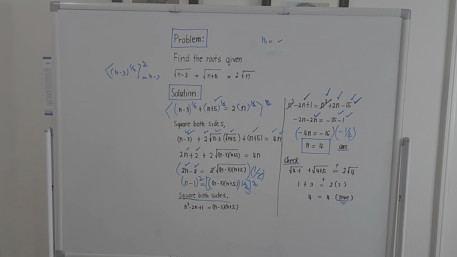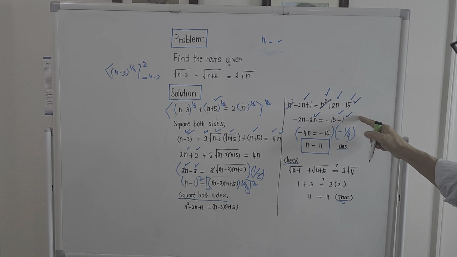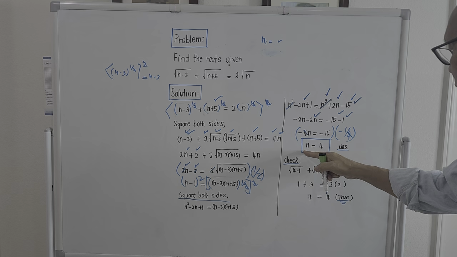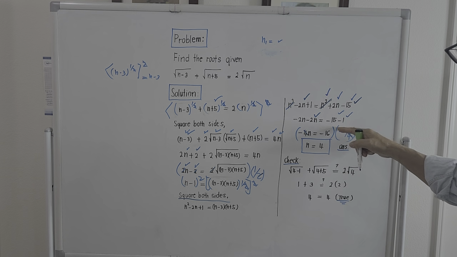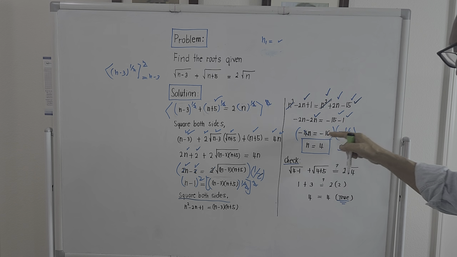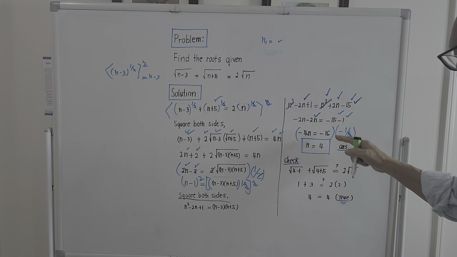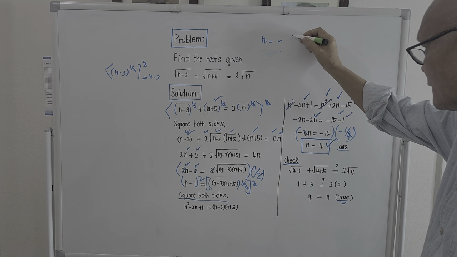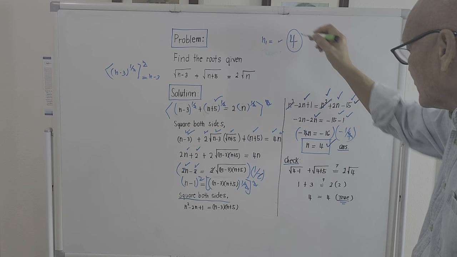A minus in a minus will now be plus, and this 4 here cancels with this. So n now will be negative 16 times negative 1/4. A negative times negative will be positive, and 16 over 4 will be 4. So the value of n is actually equal to 4.